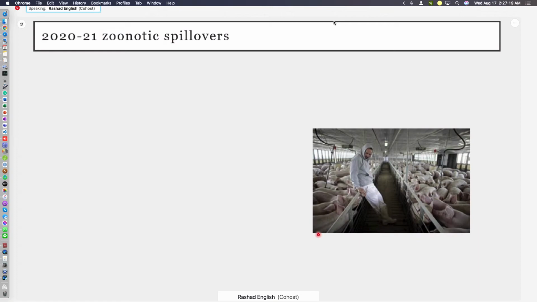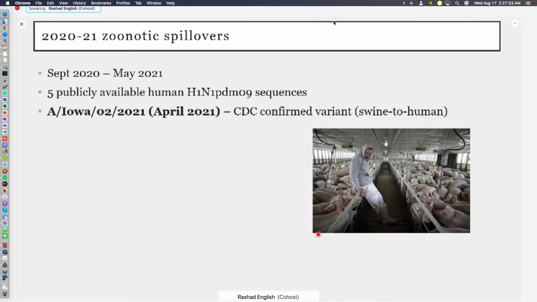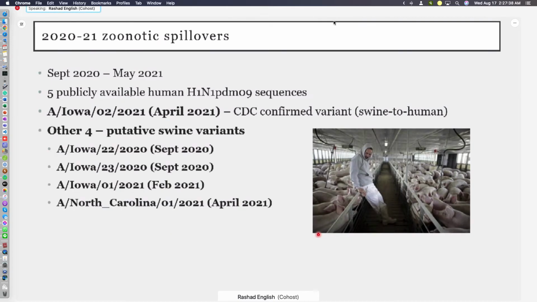Interestingly enough, when we look at the 2021 season in particular, and the September to May interval, I already mentioned that there were only a handful of sequences available from the human side. In fact, there were 5 PDM19 sequences, and one of them was a CDC-confirmed swine variant. For the others, we had strong evidence that they were also swine to human transmission.